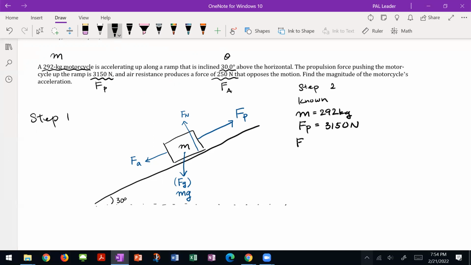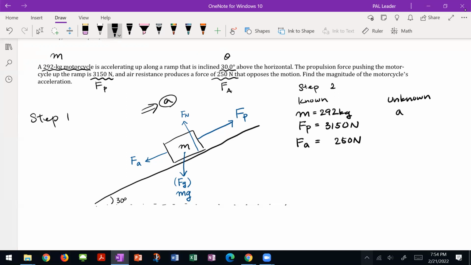We know the air resistance, which is 250 newtons. And our unknown would be our acceleration. We're told that we're accelerating, and we want to find our acceleration.